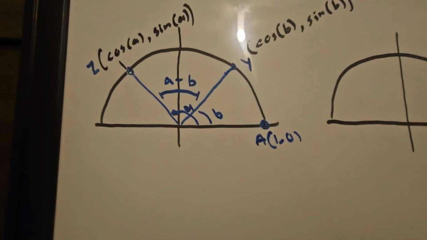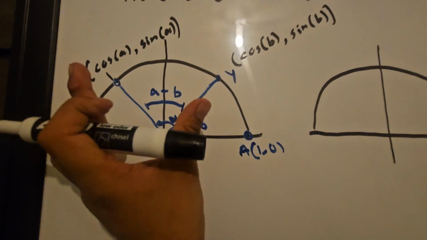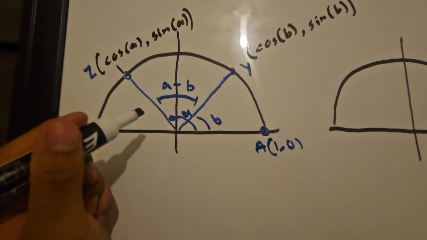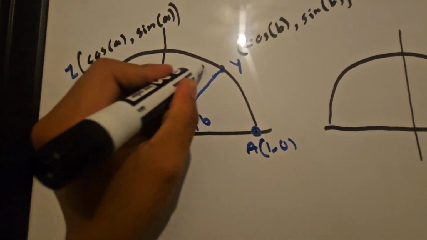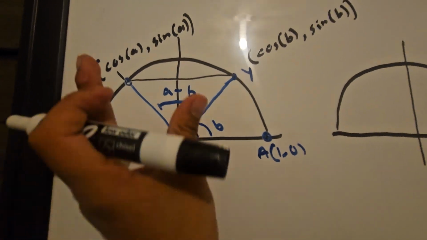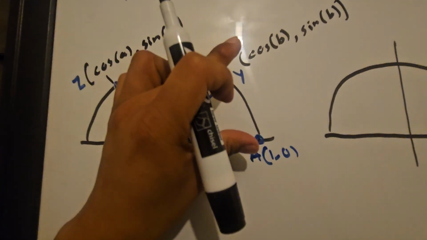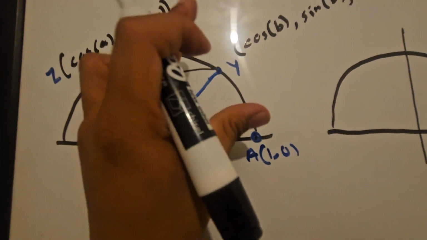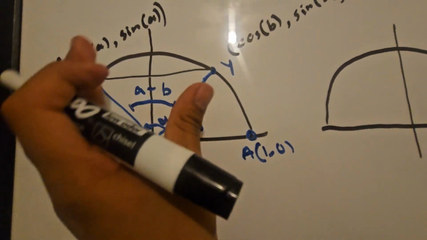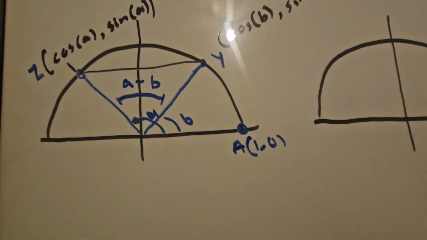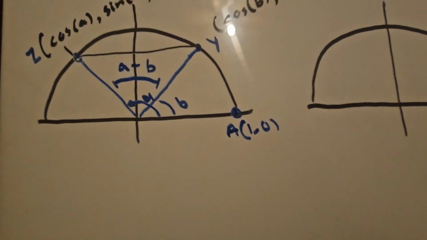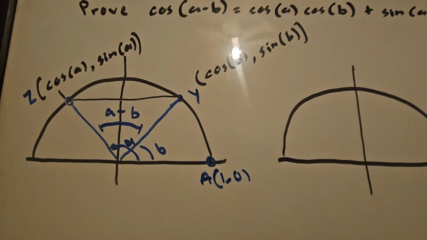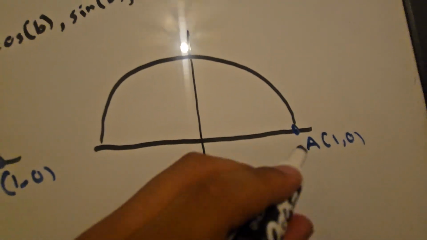Now I want us to bring this triangle that we just made all the way to point A. So let's turn this triangle all the way to point A, like that. We're going to close in on this angle B. Point Y is pretty much going to become point A, so it's going to be right here.